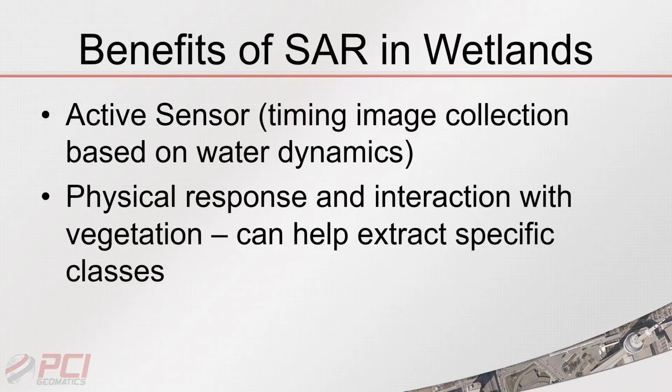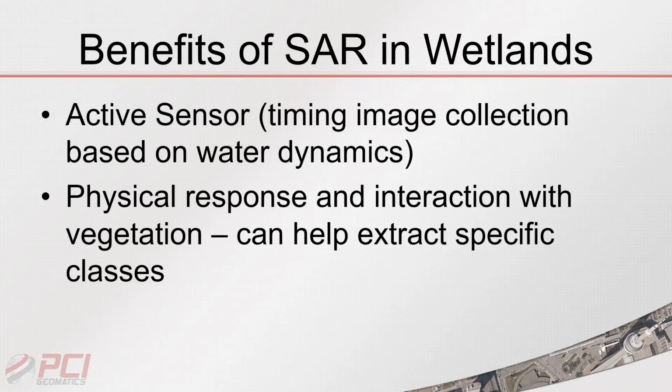This will then enable us to collect imagery based upon the water dynamics, such as dry and flooded periods, rather than being forced based upon the weather. This temporal difference will then enable us to identify wetlands in relation to other vegetated surfaces. And next is physical response. So the actual response to the SAR energy with the vegetation will actually enable us to help extract specific classes.